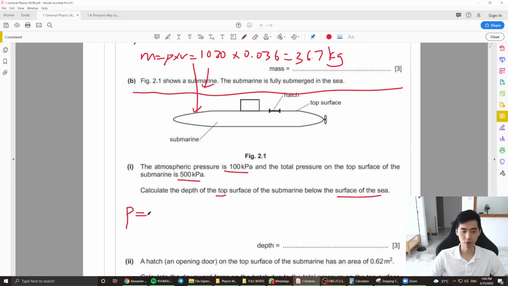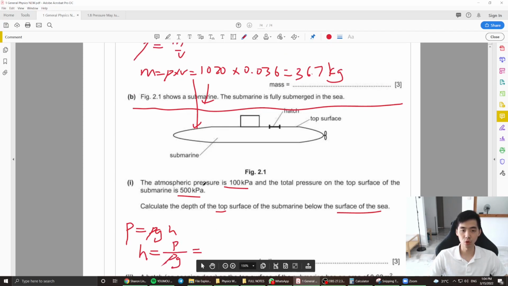Yet again, pressure is equal to rho g h here. If I want to find h, which is the depth, it's going to be pressure over rho g. In this case here, the pressure is supposed to be 500 minus 100, because this is 500, this is 100, right? The pressure due to the sea is only this part, which is your 400 kPa, right?